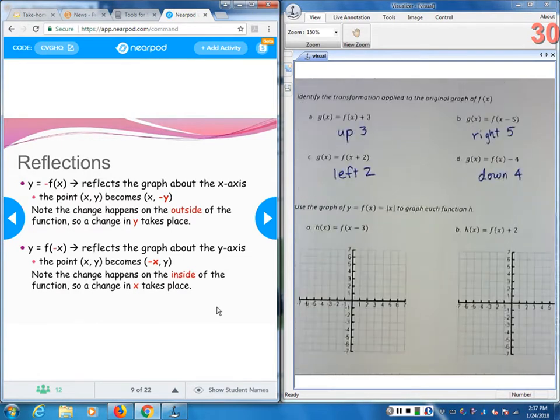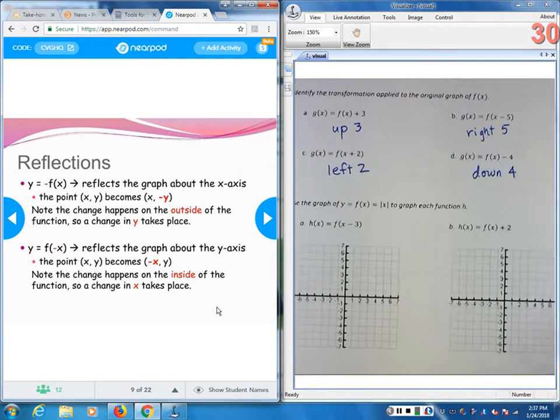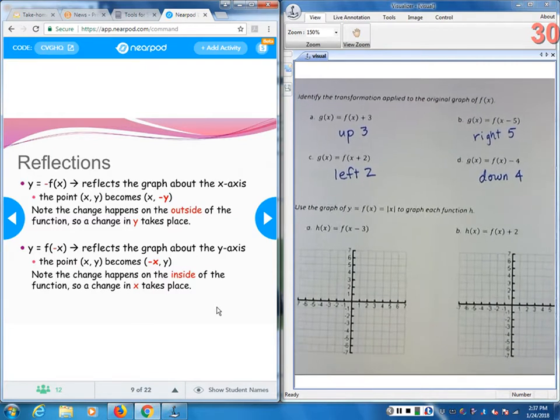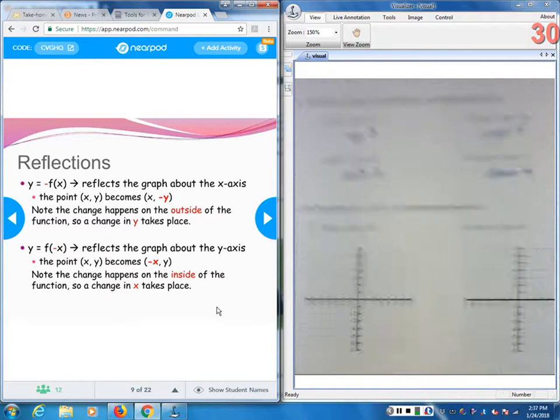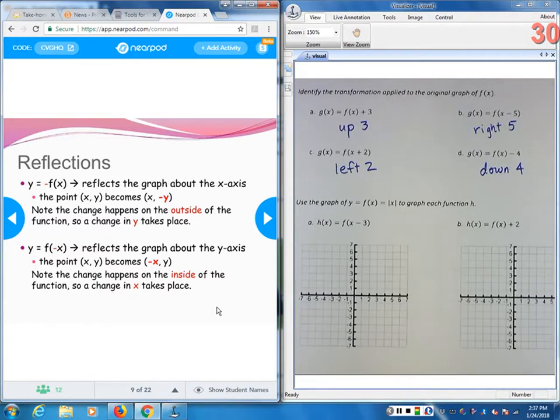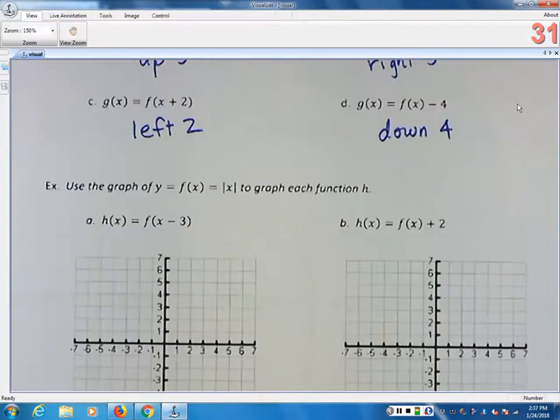All right. Reflections. Oh, I have an example to do before reflections. That's the next one. Okay, so I forgot the little example slide apparently. So we can do this example.